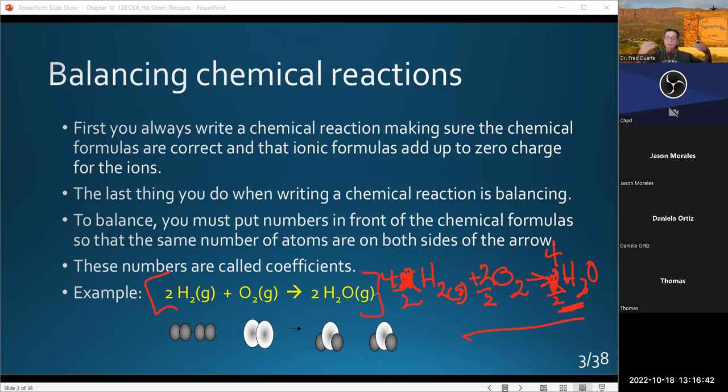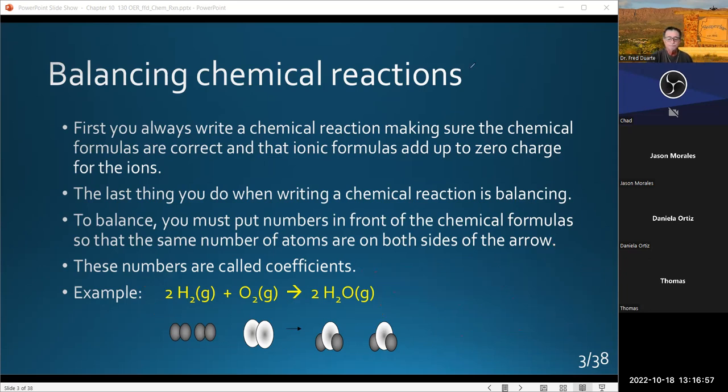So if you end up with a large coefficient, no worries, get everything balanced, do what you need to do to get balanced, and then check the coefficients and see if you can bring it down to the lowest terms, to use the term in mathematics, okay? Look how we can see there's balance here. On the left side, denoted here by the 2 dark spheres, those are 4 hydrogens total.